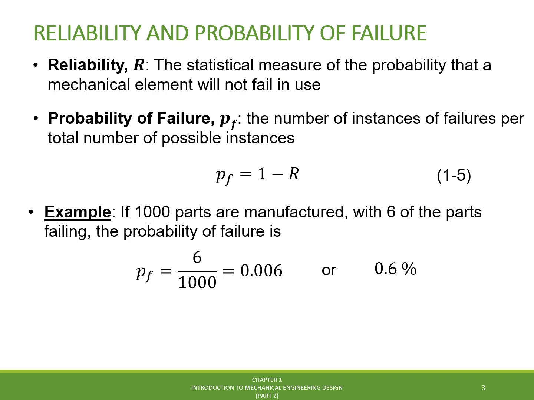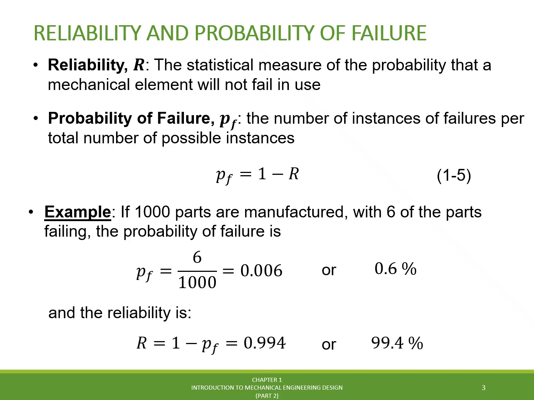That's the probability of failure. On the other hand, we can also calculate the reliability by taking 1 minus the probability of failure, which is going to be equal to 0.994 or 99.4%. So it's more common to define the probability of failure and the reliability in percentage terms and understand them as a probabilistic number.